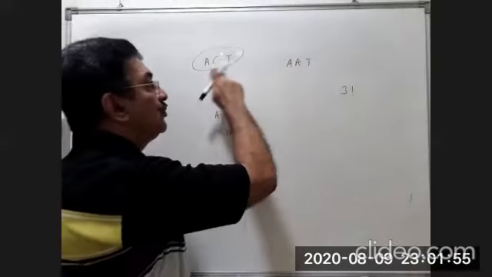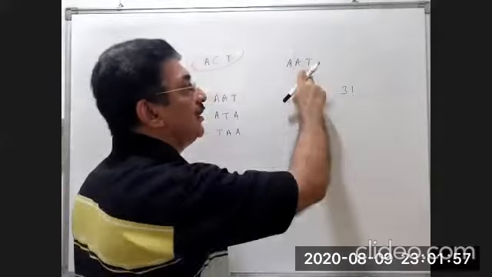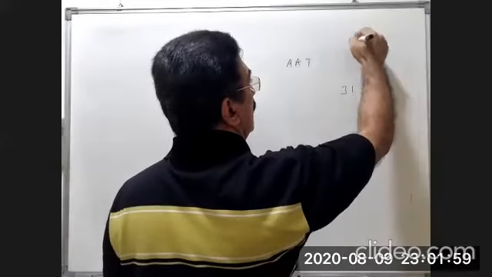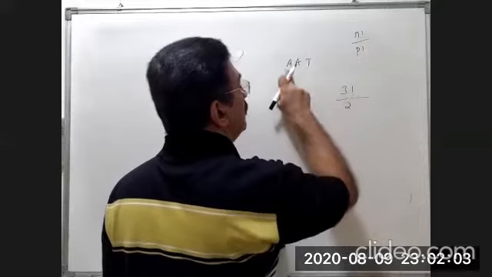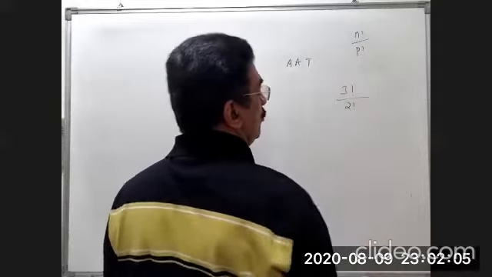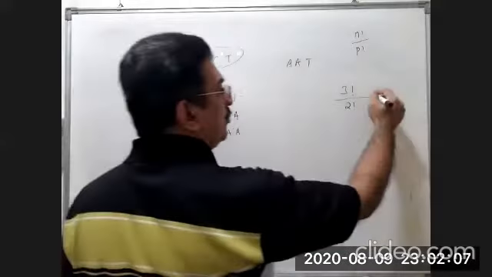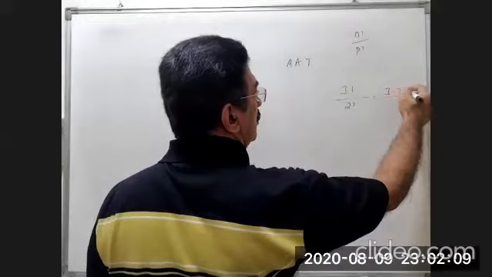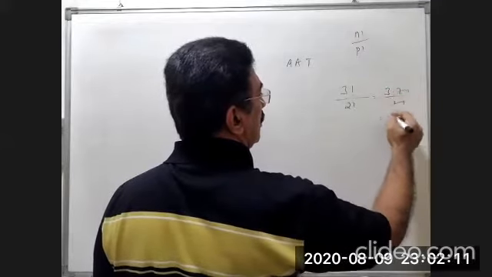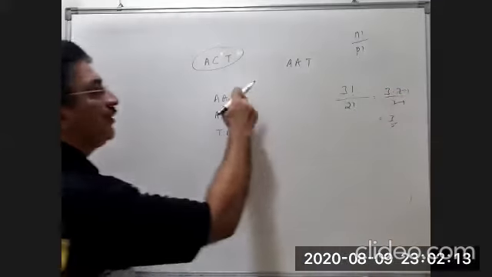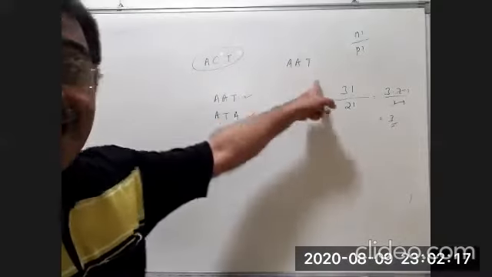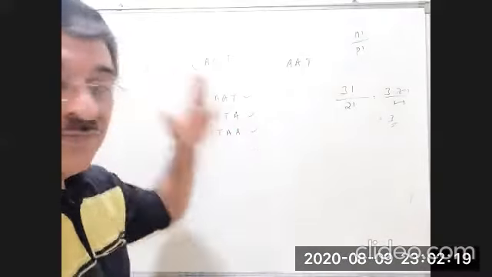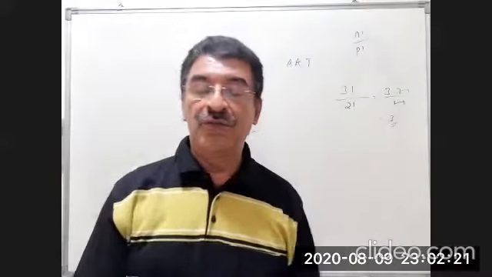Whereas out of the 3, 2 are repeating. Then it is n factorial by, so 3 factorial, these 2 are repeating, 2 factorial. 3 factorial by 2 factorial is 3 words. See, these are 1, 2, 3. So with A and T, these are the only 3 words which can be formed.